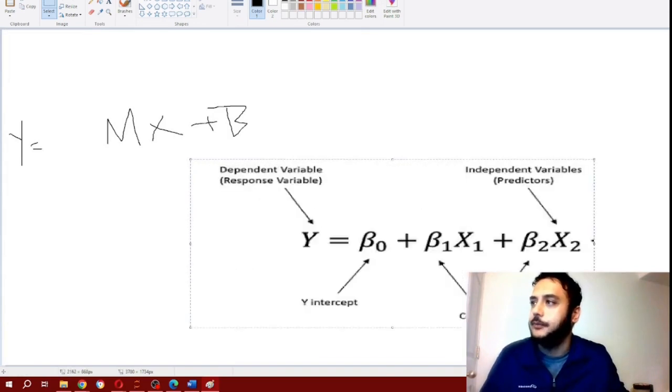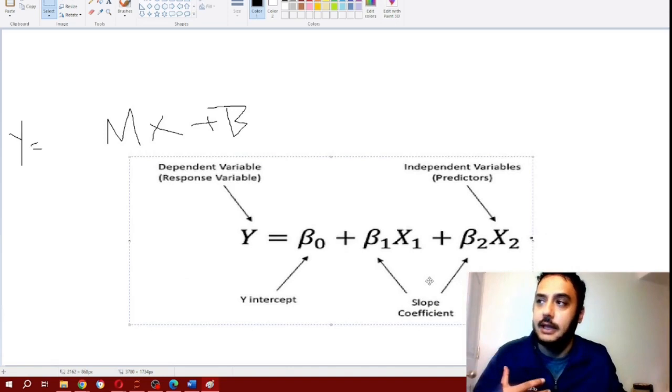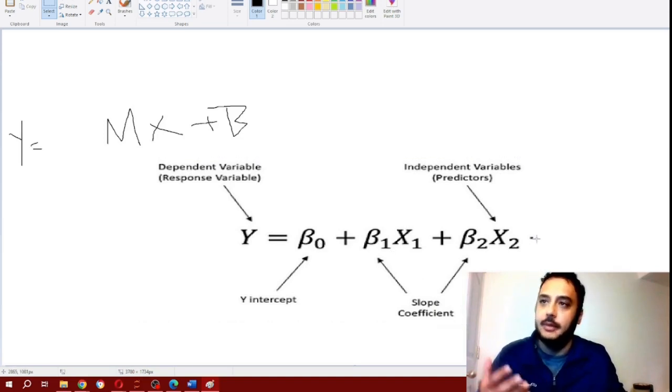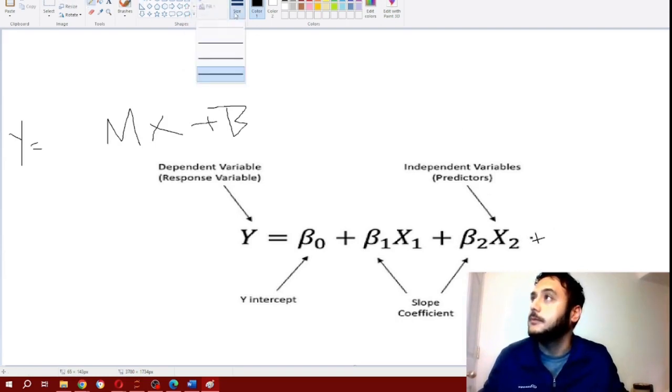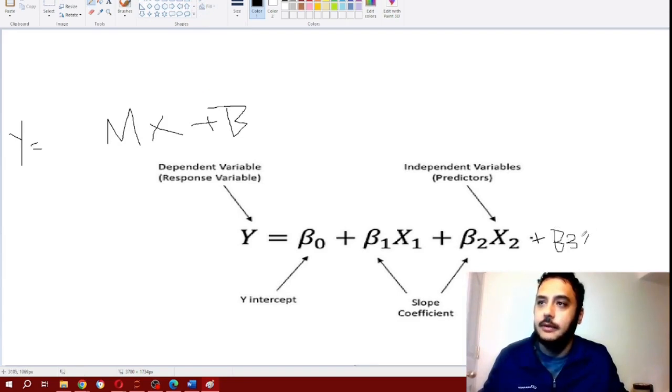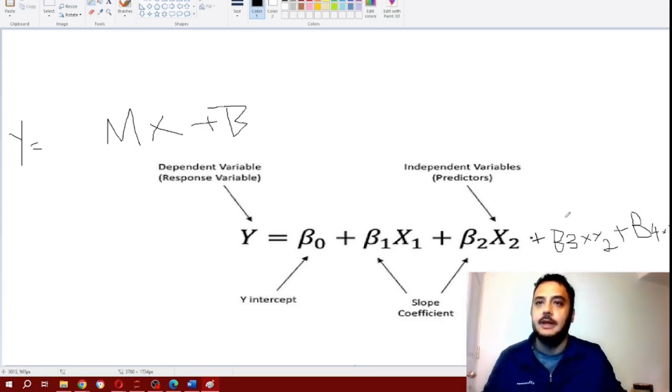As you can see, unlike the univariate, one independent variable simple linear regression, we actually have multiple independent variables, and that can go to infinity, plus beta 3 times x2, and then beta 4 times independent variable 4, something like that.